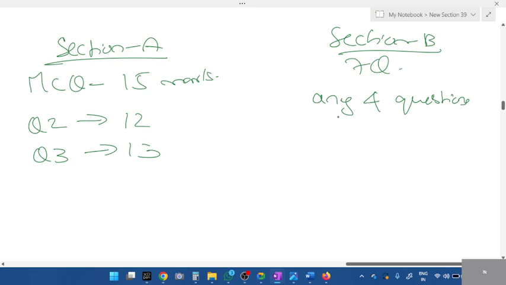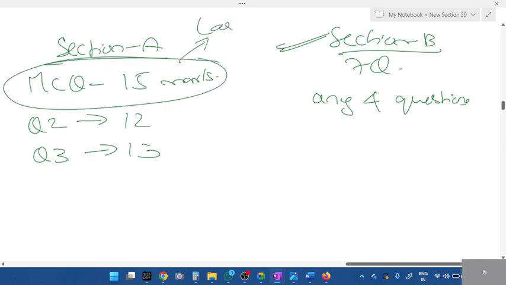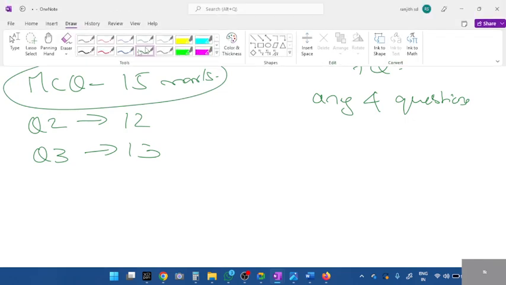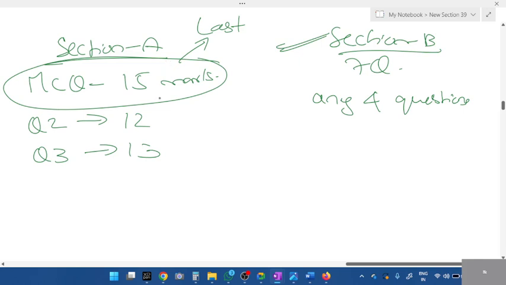What I would suggest, usually tell students, is always start with section B first in your exam. MCQ, do it in the last. If you try it in the beginning, you'll waste time. Try MCQ in the last. If you're starting section A, complete these 2.